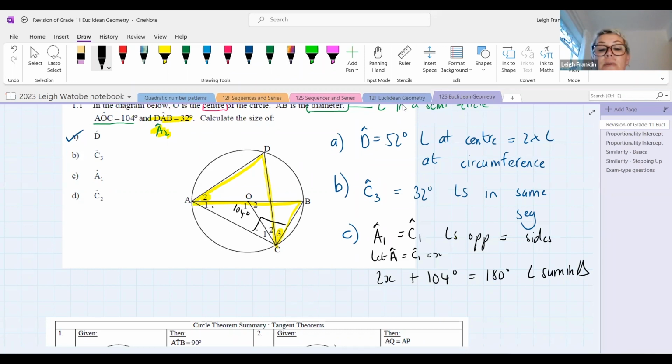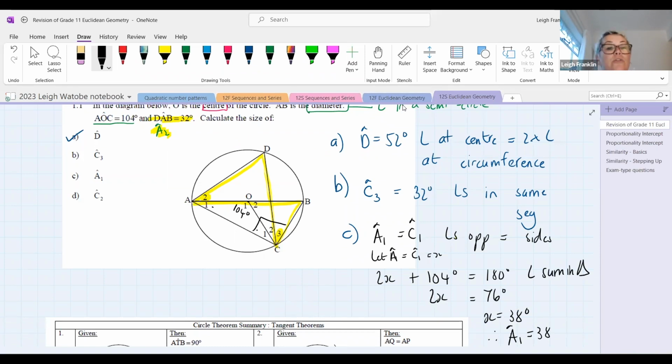Now I've got a simple equation to solve: 2X is equal to 76, and that's why X is equal to 38. Therefore A1 is equal to 38.